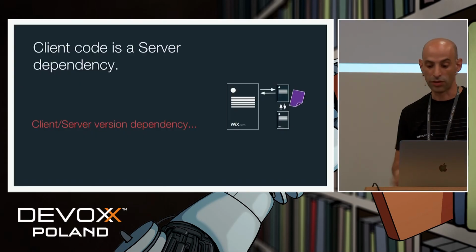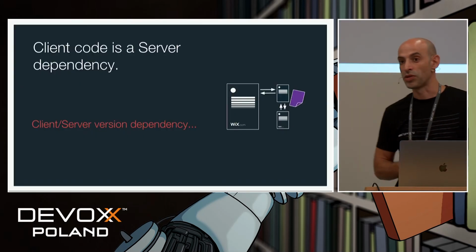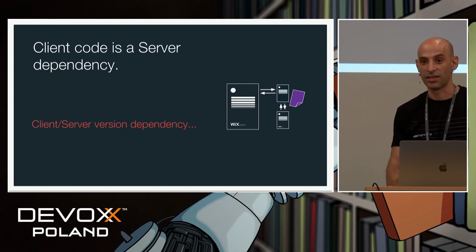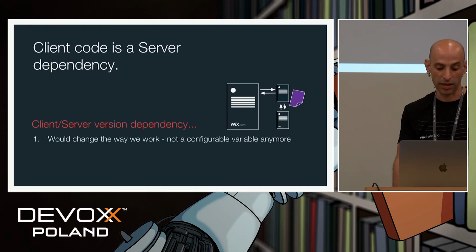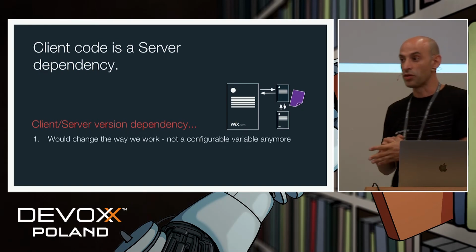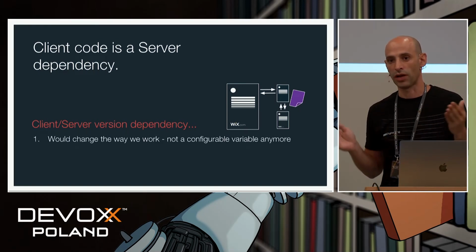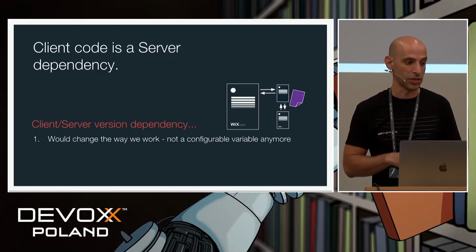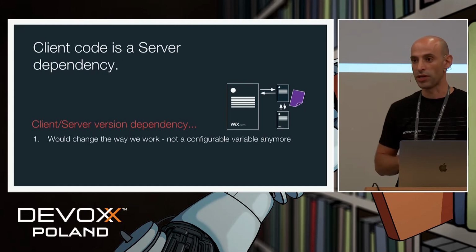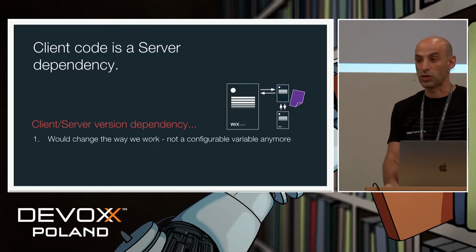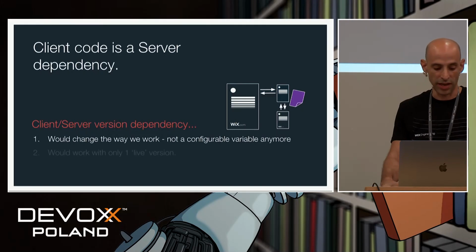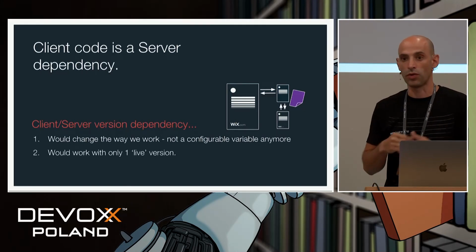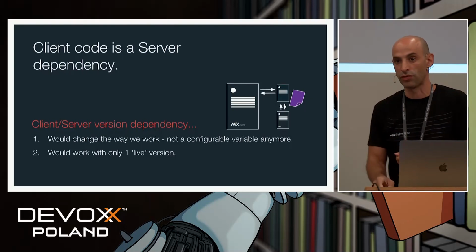But on the server, client code is now a dependency. And when it's a dependency, it's really problematic. If we said we now have the client as a server dependency, it would change the way people work, because they couldn't do all of the features they had, and they only had one version in place. So now if they want to test a new version, they have to deploy the server.